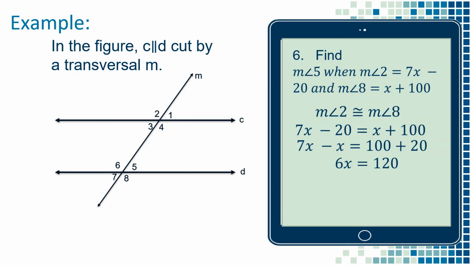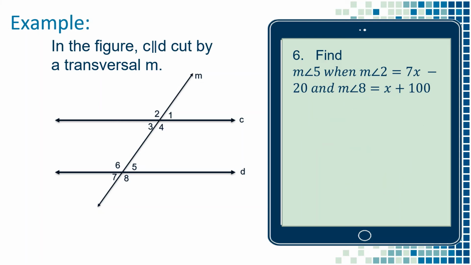So, to solve for x, divide both sides of the equation by 6. So, we have x is equal to 20. Since the value of x is equal to 20, the measure of angle 8 is now equal to 20 plus 100. So 20 plus 100 is equal to 120.